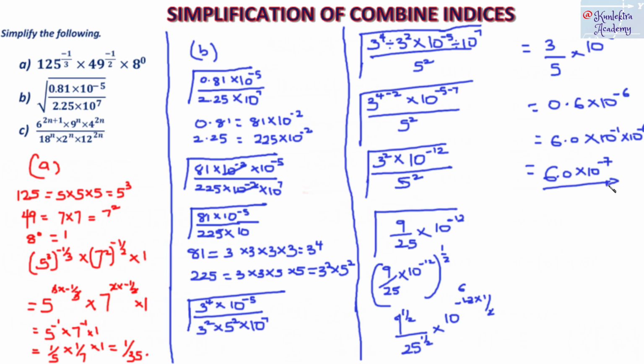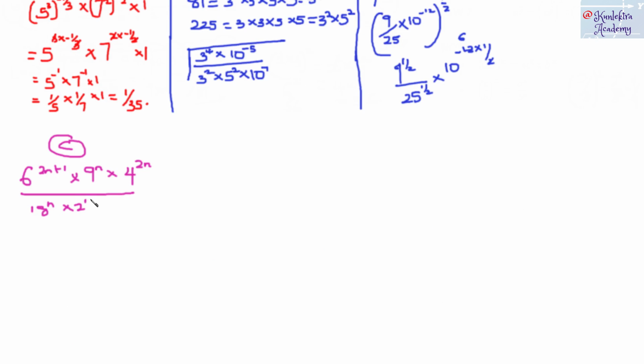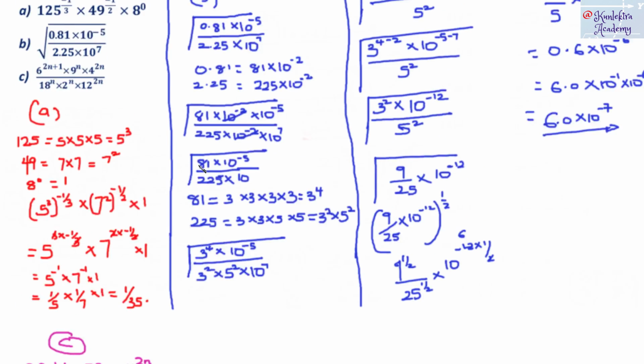The second question is square root of 0.81 times 10 raised to the power minus 5 over 2.25 times 10 raised to the power 7, n, times 12 raised to the power 2n. And that's what we have as the question here.